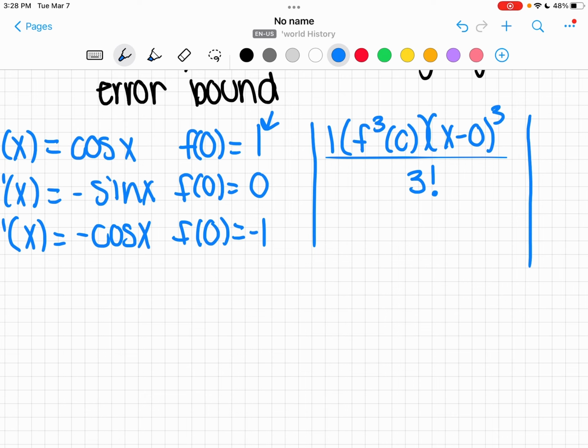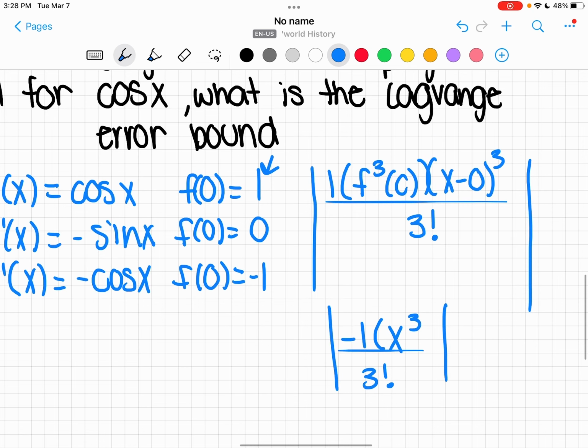So we know f at 3 is going to equal negative 1, so it's going to be negative 1 times x to the power of 3 over 3 factorial, absolute value.